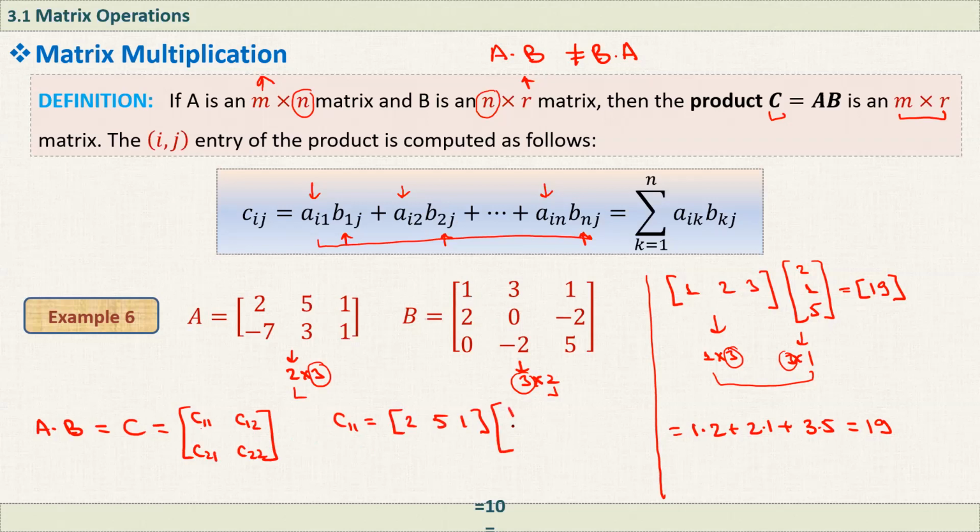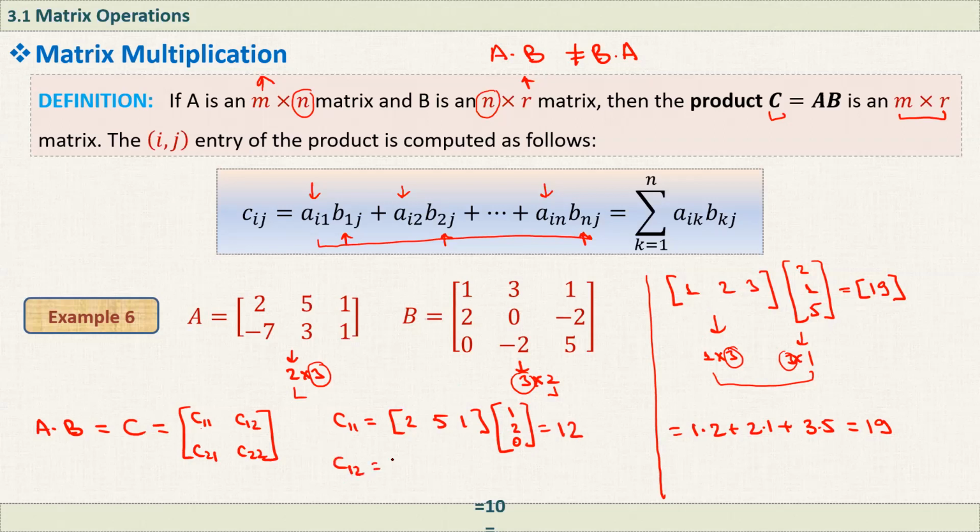Now we know how to multiply a row matrix by a column matrix. 2 times 1 is 2, 5 times 2 is 10, 1 times 0 is 0. So 2 plus 10 is equal to 12. So C11 is equal to 12. And how about C12?